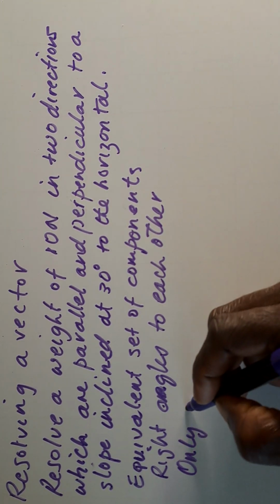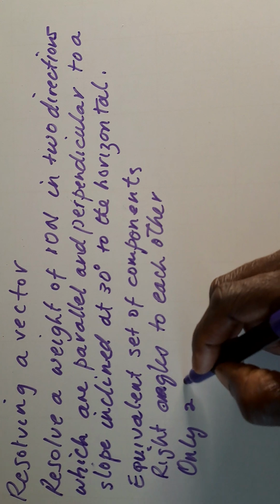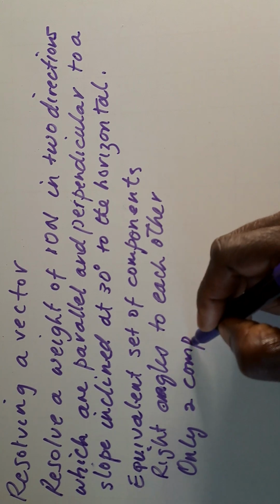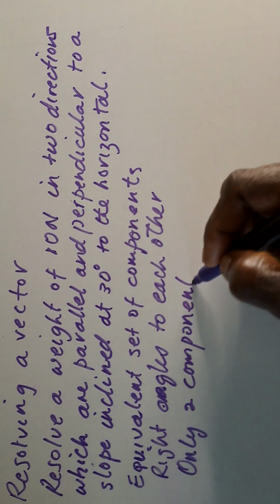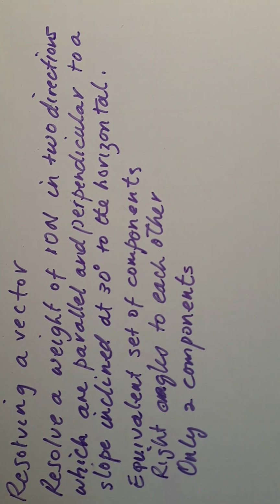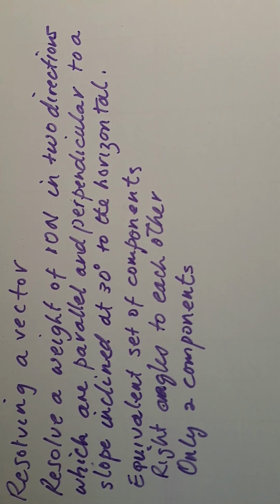We only choose two components. So these are the key things you must consider when you're resolving a vector. Be aware that it's replacing a vector with two components. They must be at right angles to each other, and only choose two components.